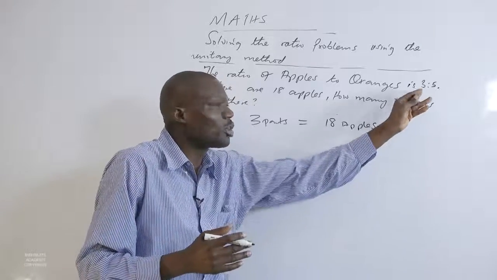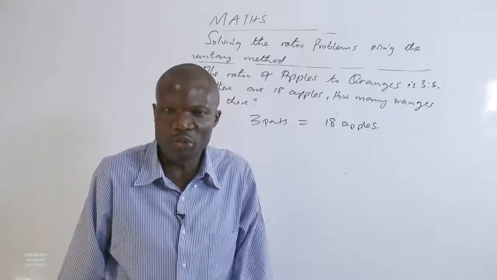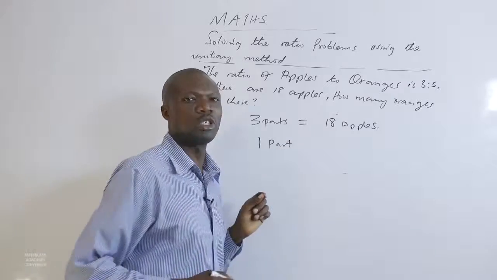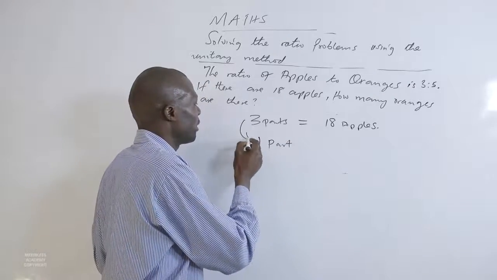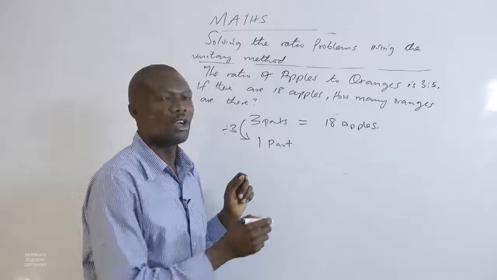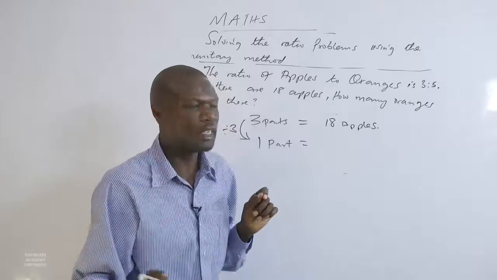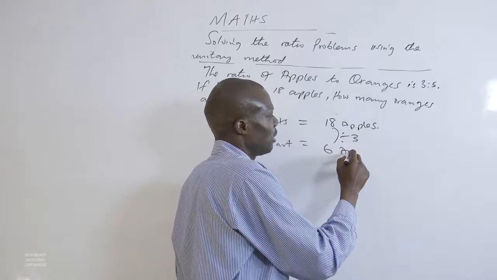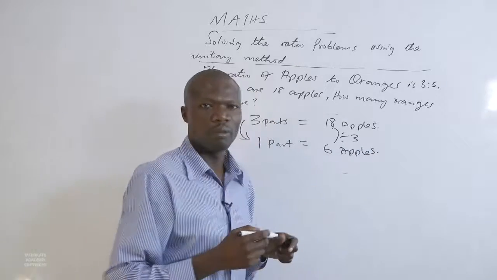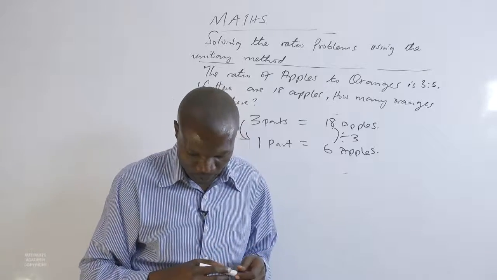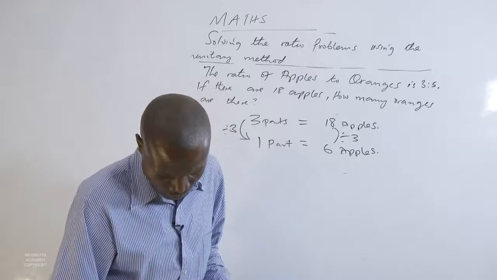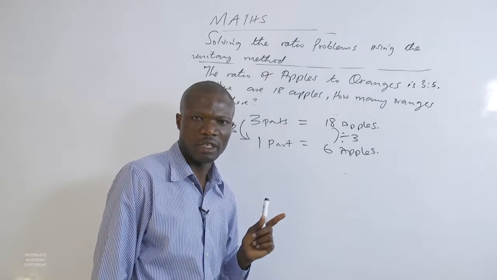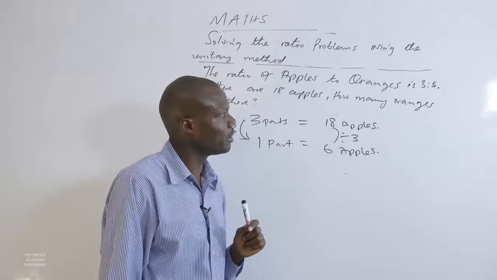If the ratio was not 3, it was 1, how many apples would we be talking about? So 1 part, which is found by dividing 3 by 3, will be equivalent to 18 divided by 3, which is 6 apples. So 1 part is 6 apples.